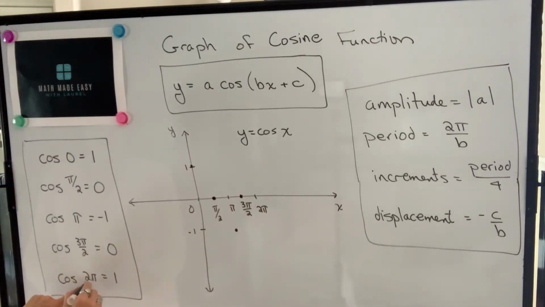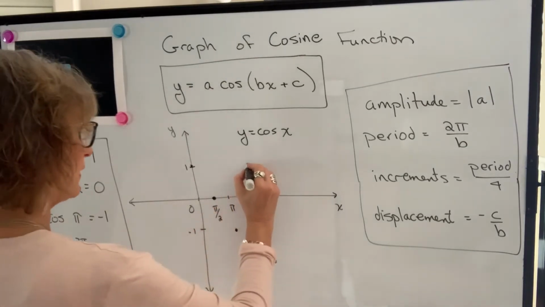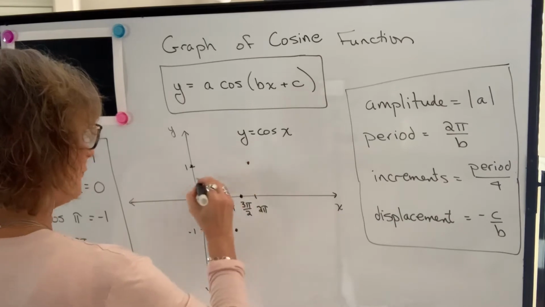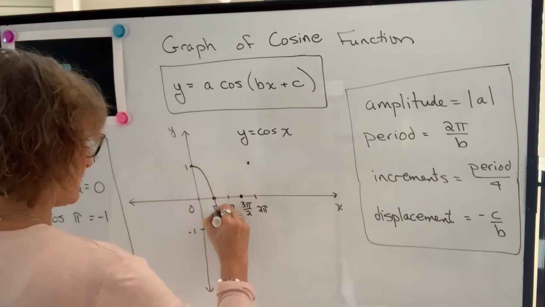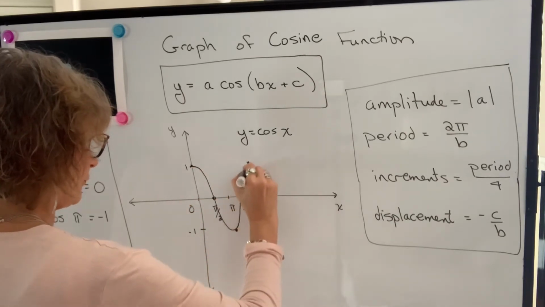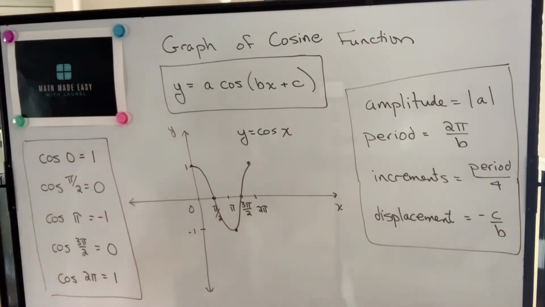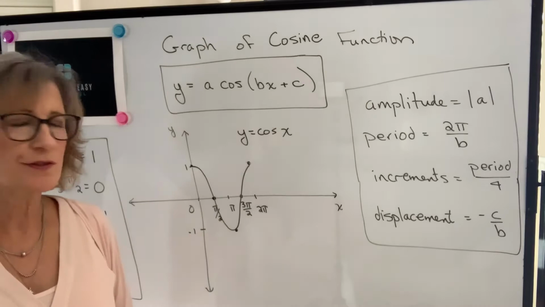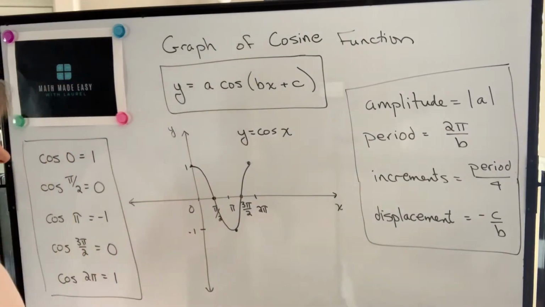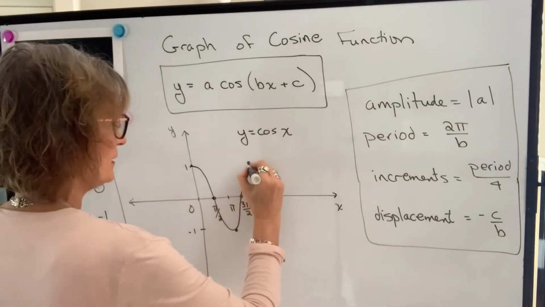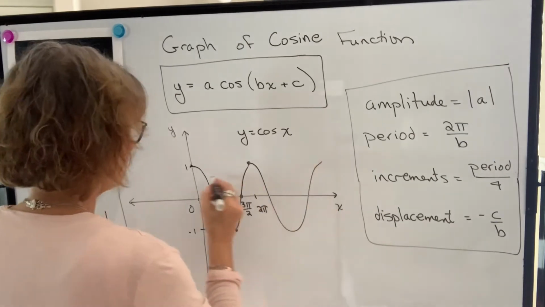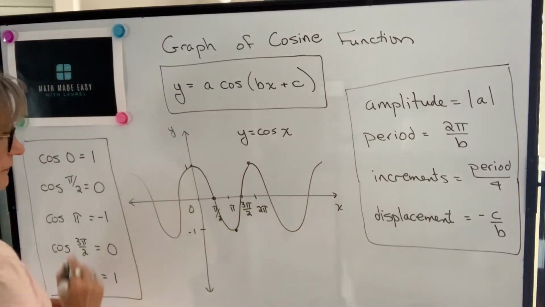And at x equals 2 pi, y is equal to 1. So if I were to connect these in a smooth curve, my cos function without any transformations would look like this. And again, remember that this would continue to the right and to the left.